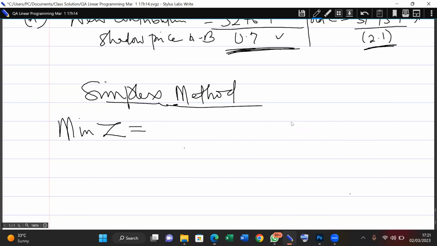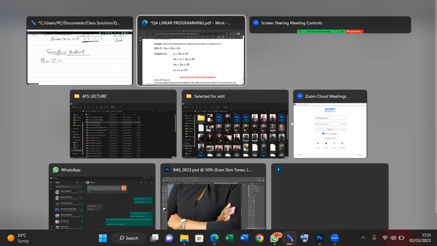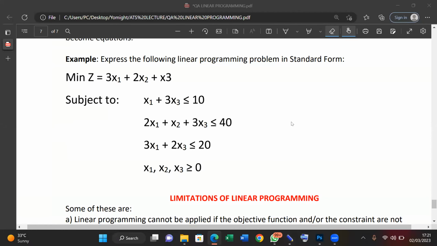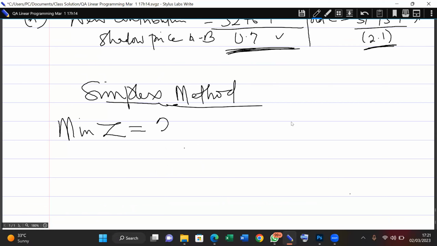So please, let's take note. Minimize Z equal to 3x1 plus 2x2 plus x3. Is that taken?